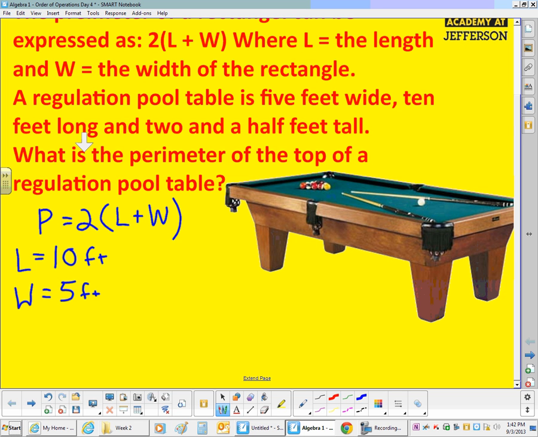So we say P equals 2 times parentheses 10 plus 5. I didn't put the units in there because I know that the answer in the end is going to be feet.